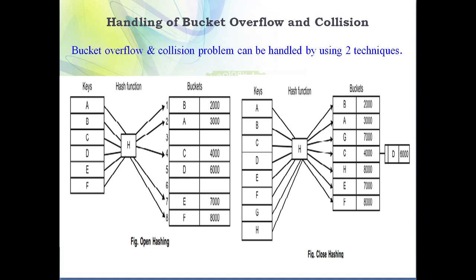So this is what overflow means. Its capacity is 50, and if passenger number 51 comes, then we can say it faces a problem of overflow. It means its capacity is full and you still want to store more items into that particular container.